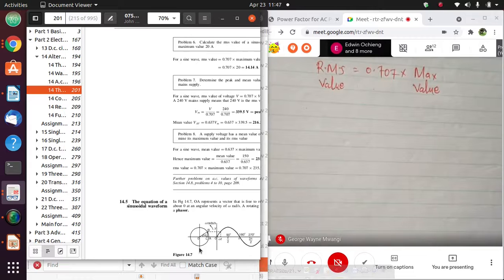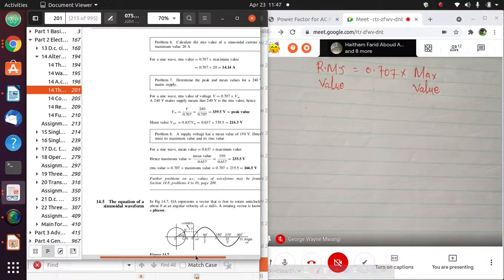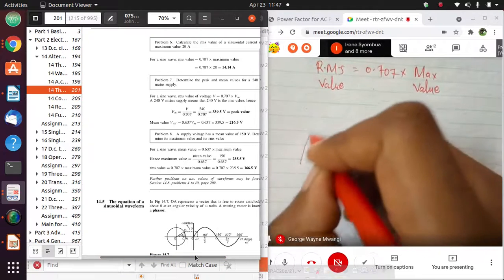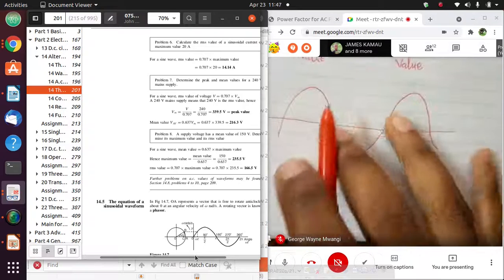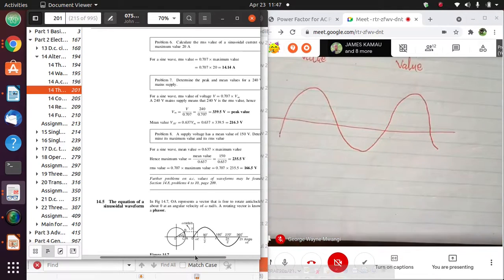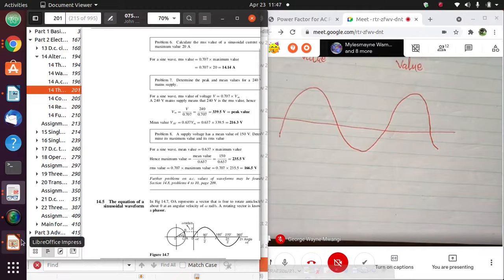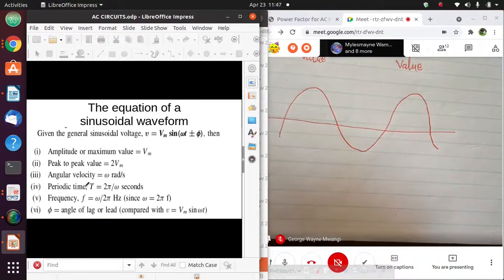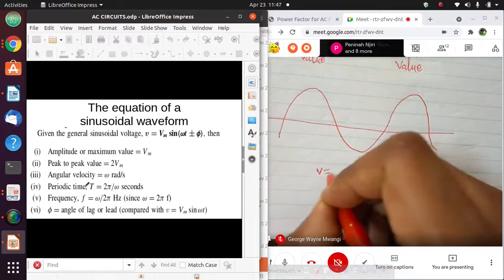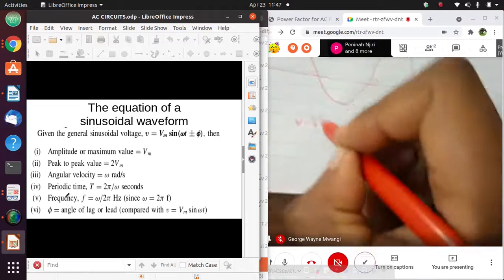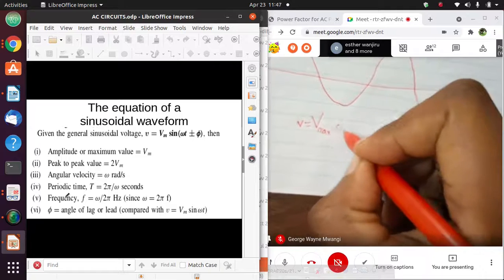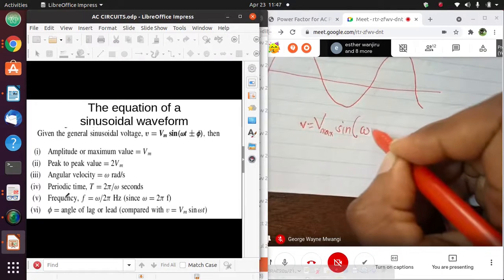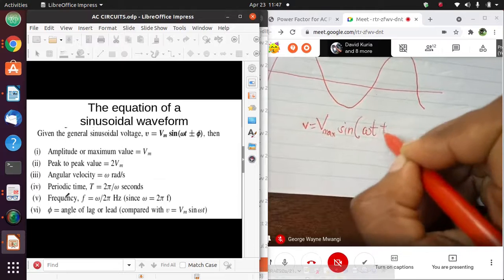Now, I want to introduce the last thing for today. In sinusoidal waves, sine waves, if I was to represent them as an equation, the general equation of a sine wave is given by small v is equal to capital V sine of omega t plus or minus phi.